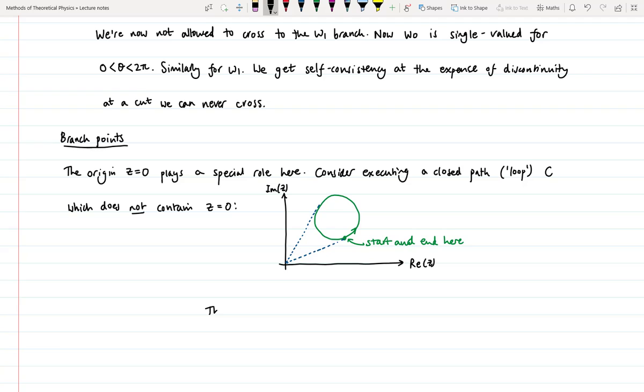Therefore, this loop excursion does not add a phase of 2 pi to z. Therefore, for the function that we discussed earlier, we would, for example, remain on the W0 branch because there's no scope for making full circuits of 2 pi.